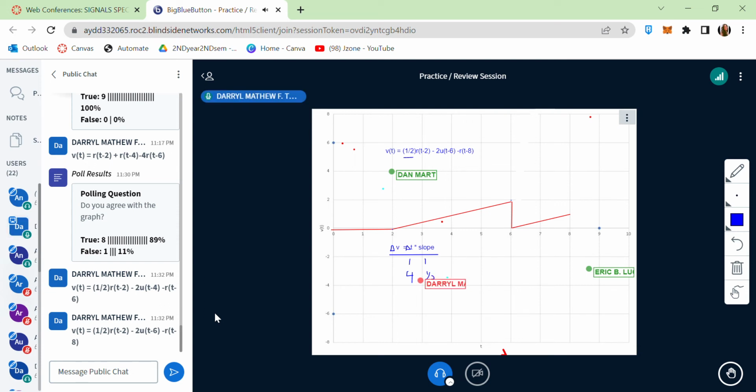So 4 times 1/2 equals 2. So for a change of 4 sa t natin, yung expected na change of v natin would be 2. So from here, that's why ganito yung akyat niya.